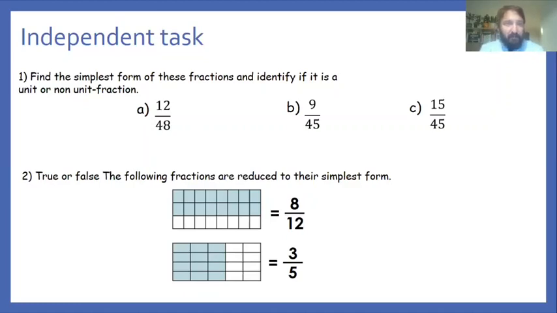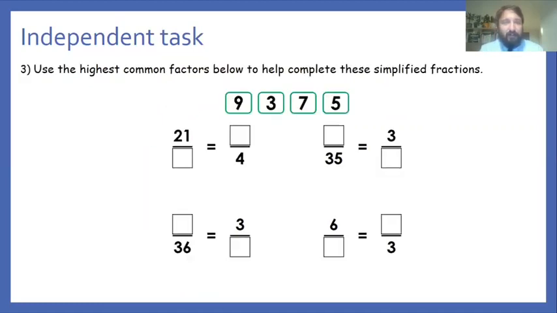And then we've got one more independent task over, so I'm just going to show it to you and then talk through this. So here we've got a little bit of a chart. Use the highest common factors below to help complete these simplified fractions. Now you've been given 4 numbers here, and these can only be used once in each of these calculations.